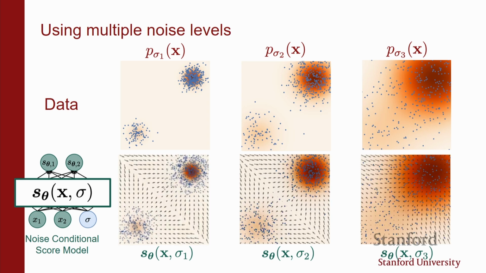At the end, we get samples very close to the original data density because sigma 1 is very, very small, so this is almost the same as clean data. Throughout the process, we get good directional information from our score models because we're using the corresponding noise level in the data density.